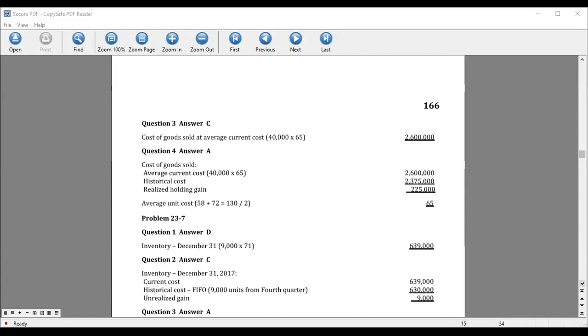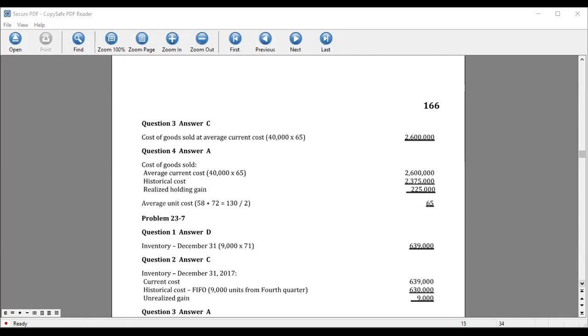If you are going to add here, you have beginning inventory of 8,000 units, then you add 7,000, that makes 15,000, plus 15,000, 30,000, total of 39,000. That's your beginning inventory and purchases.